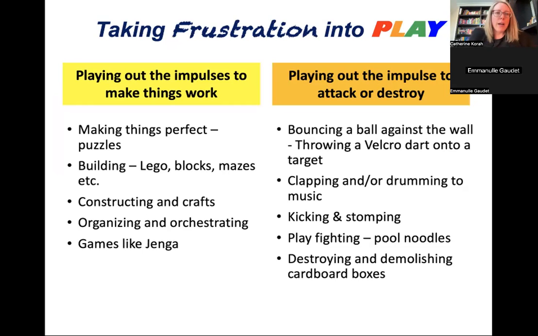Sorry, everybody. So in terms of having different play activities to help work out some of these impulses, there are so many different tools that we can use, from puzzles to mazes to different crafts and construction activities, for example, using a bouncing ball against the wall, or throwing a Velcro dot against a target, doing some drumming, doing some kicking and stomping, using bubble wrap to stomp on, play fighting with pool noodles, destroying or demolishing cardboard boxes.